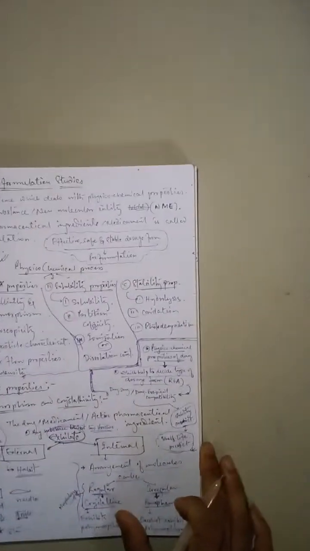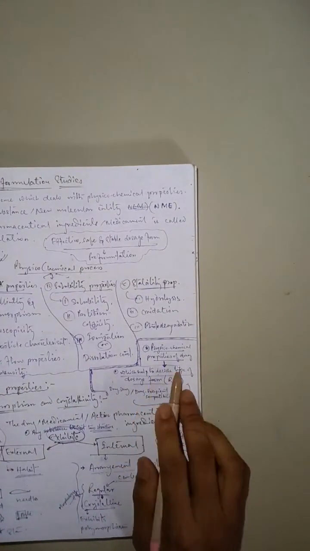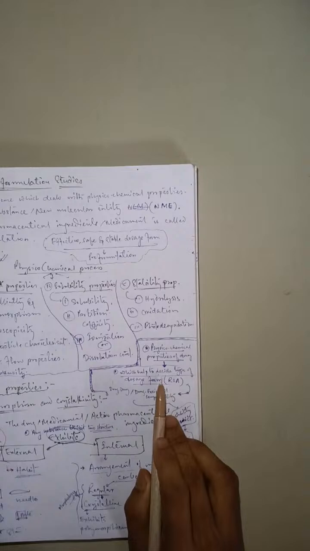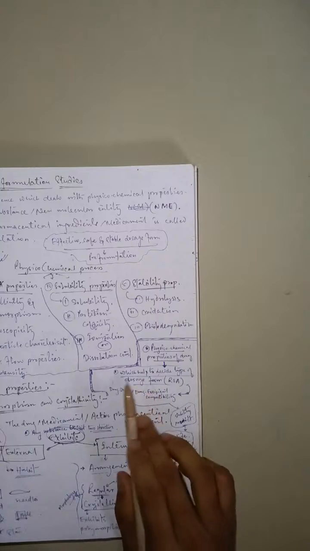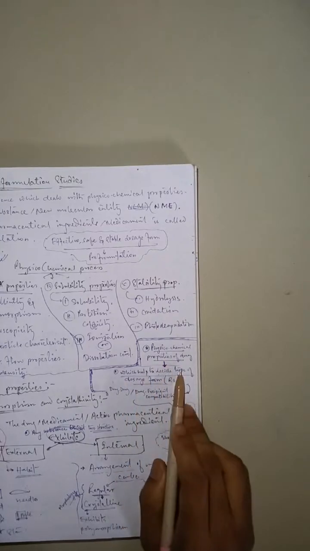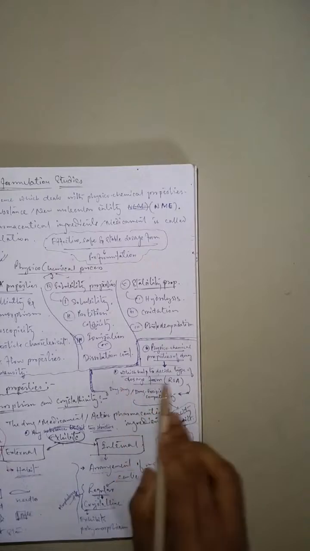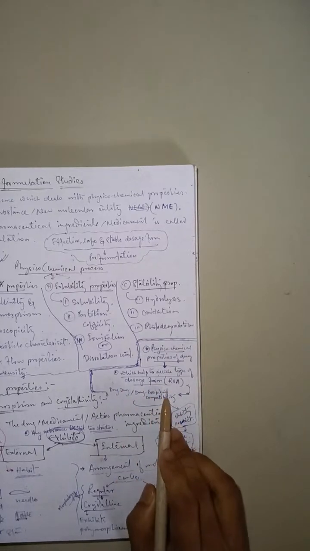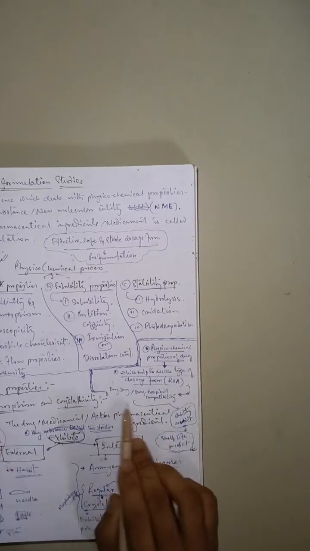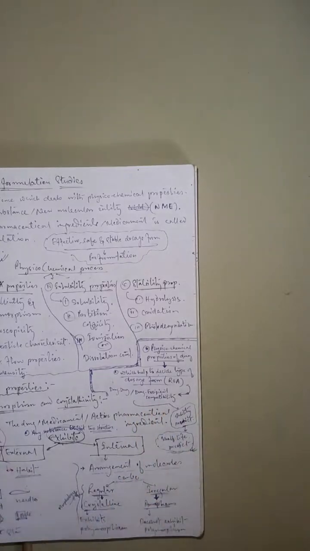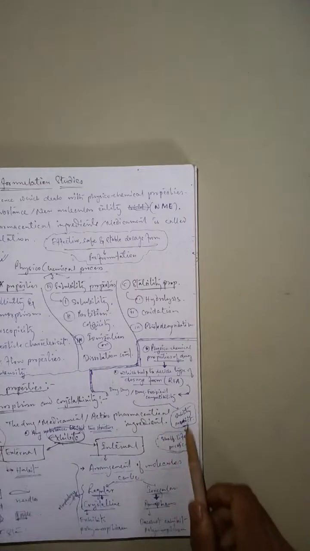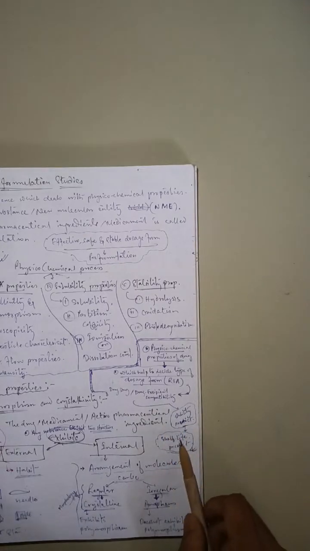Another important point: the physicochemical properties of the drug help decide the type of dosage form or route of administration. They also decide drug-excipient compatibility, yes or no. They also define the stability of the product and predict the shelf life, which I mentioned a few minutes ago.